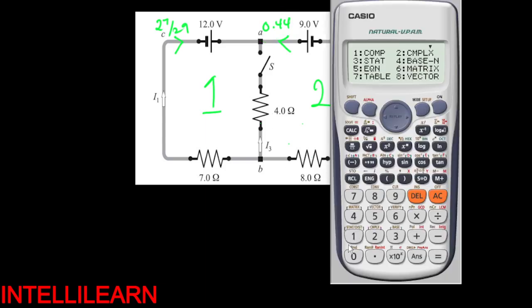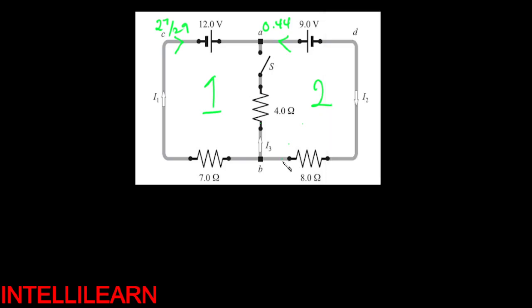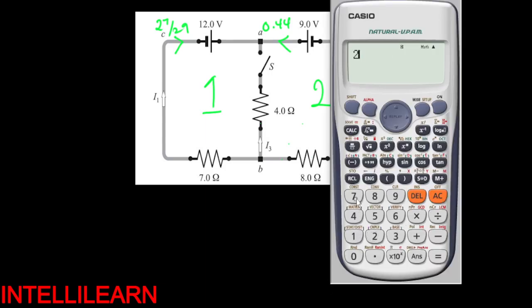So let's do that. 27 over 29 plus 0.44. That was 1.37. So this current is 1.37. I3 is 1.37. So I1 is what? 27 divided by 29. That's what? 0.93.